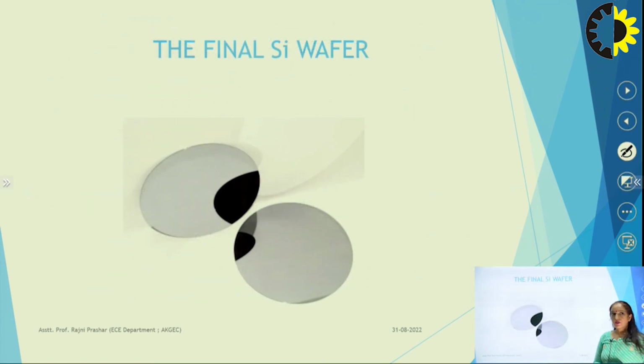So this is the final wafer which we are going to use to fabricate any IC. This complete wafer is not used to fabricate one device.